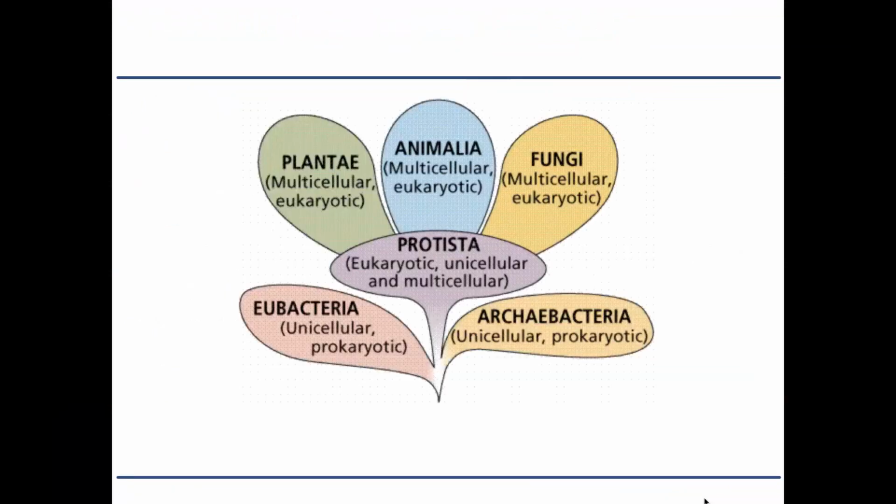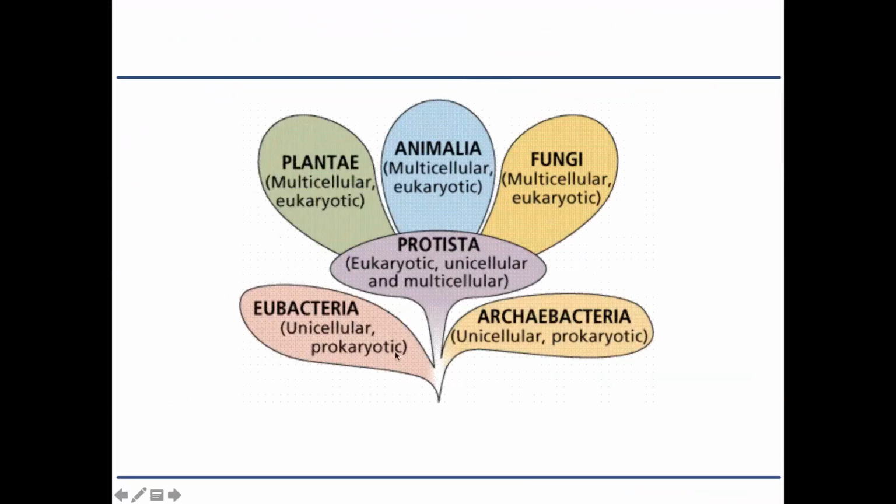So here's a representation of the six kingdoms of life as we know it. Again, all cellular based. Down here we have the true bacteria, the eubacteria, and the archaea.